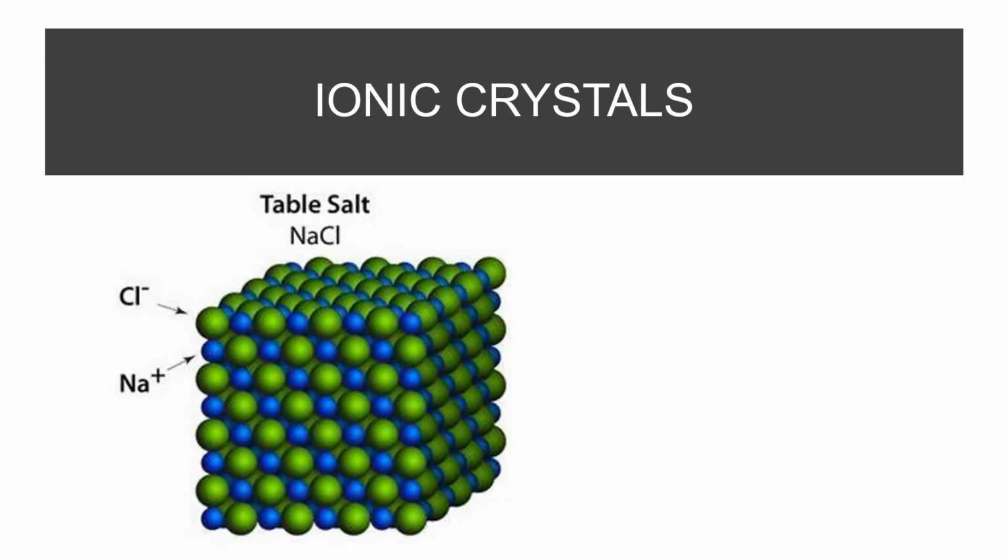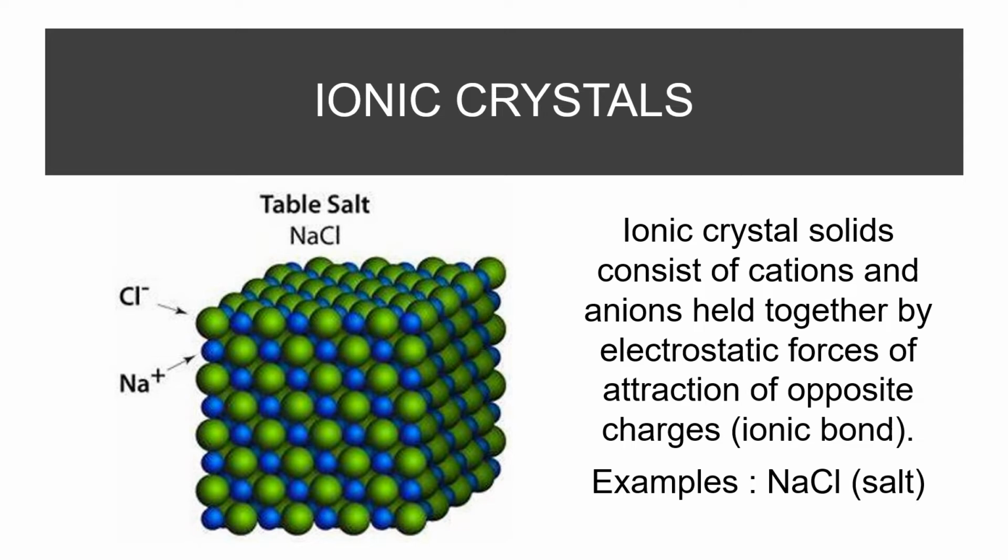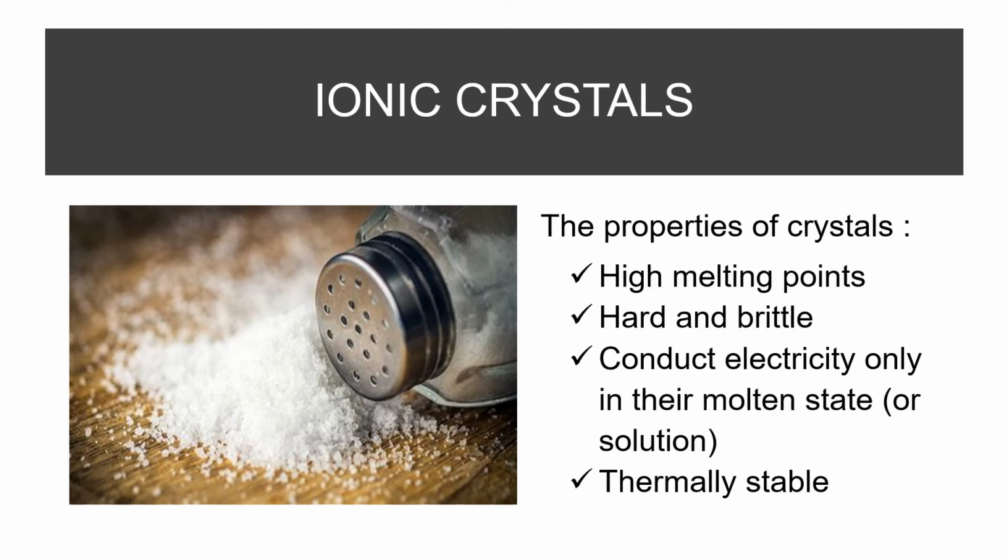Ionic crystal solids consist of cations and anions that are held together by electrostatic forces of attraction of opposite charges. They form an ionic bond. For example, sodium chloride salt. Ionic crystal has high melting points, and is hard and brittle. They also can conduct electricity only in their molten state or solution, and they are also thermally stable.